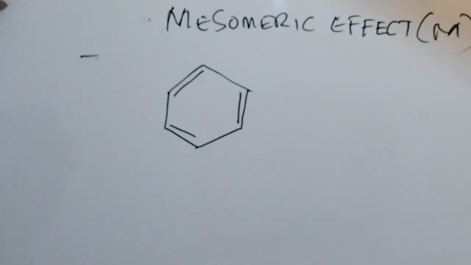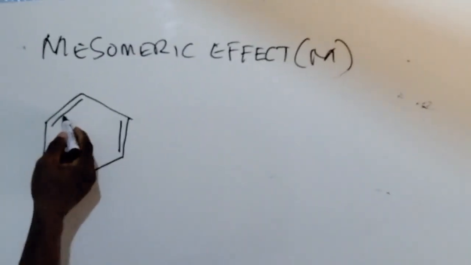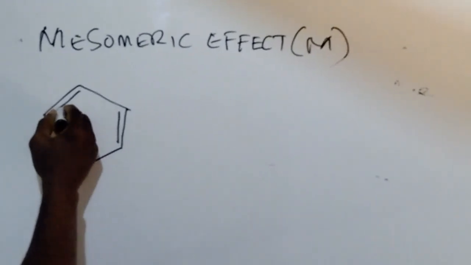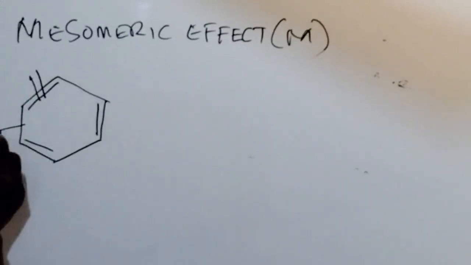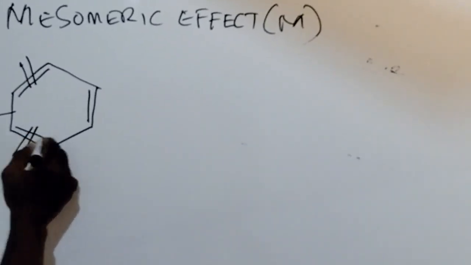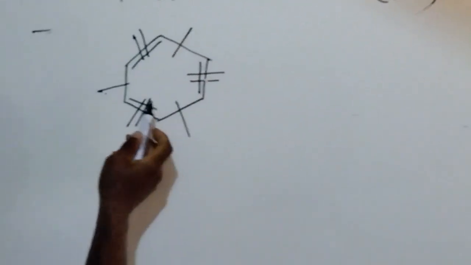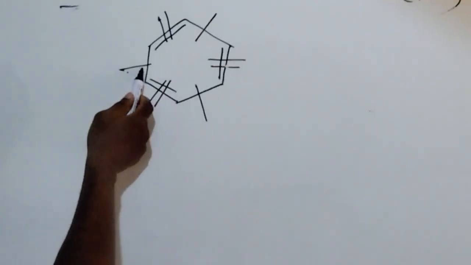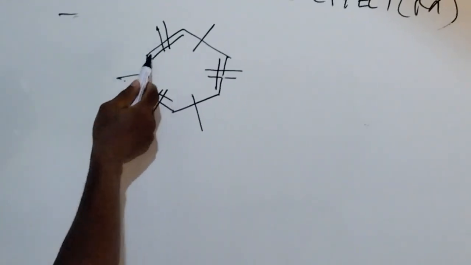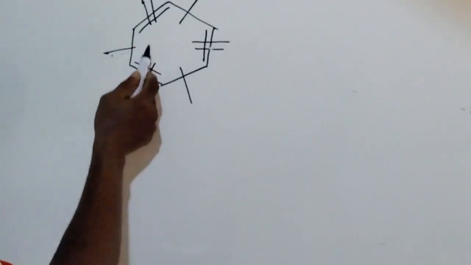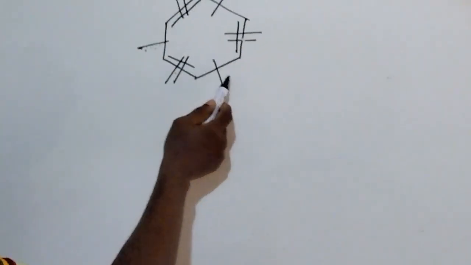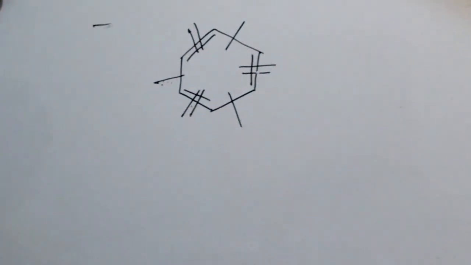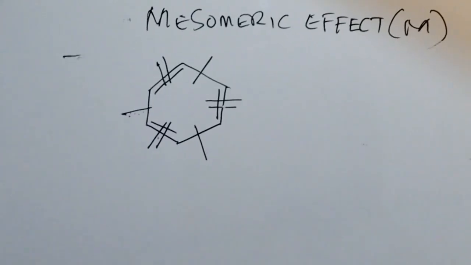Why do we say it's conjugated? Because we have a double bond here, a single bond, double, single, double, single. Between two double bonds there is a single bond, and between two single bonds there is a double bond. Go round it. That is what is meant by a conjugated system.